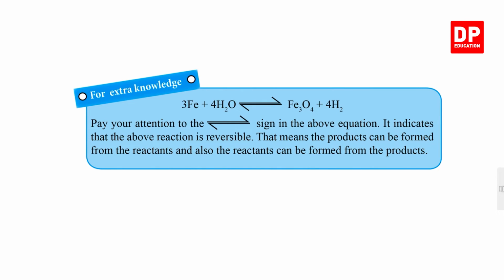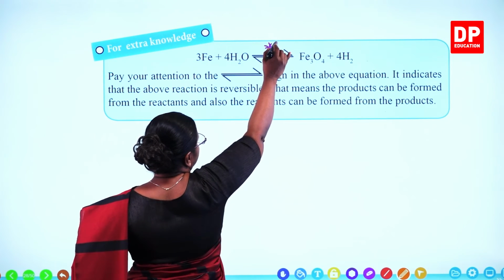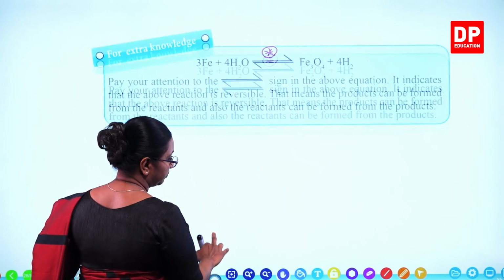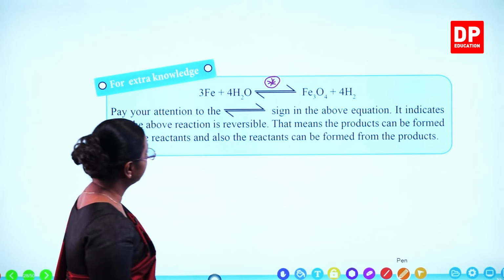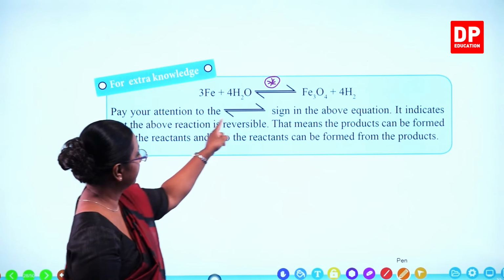So for extra knowledge, they have given that under extra knowledge as well, 3Fe plus 4H2O giving rise to Fe3O4 and 4H2 gas. There again you can see this reversible arrow. You can see that arrow, students. Pay your attention to this sign.